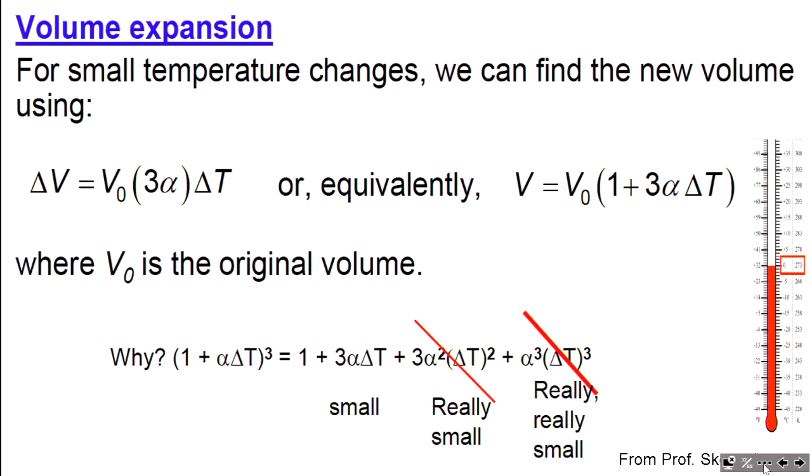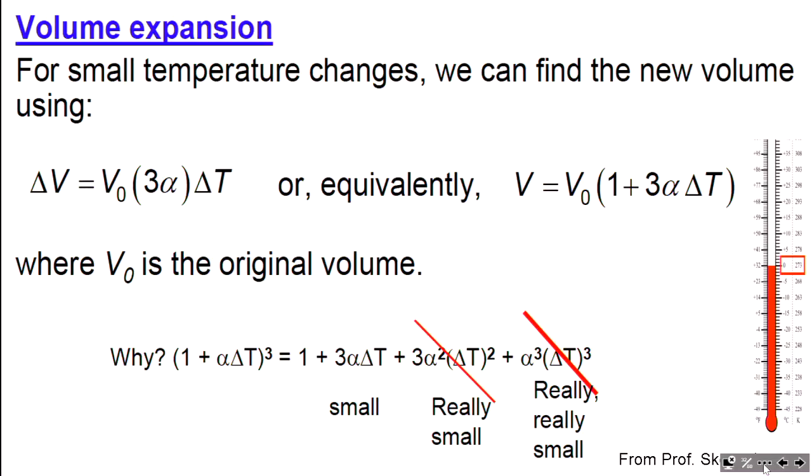And if we want to calculate how much the volume changes, we just have to take the equation for the linear expansion and cube it. Length times width times height. But if we cube it, these terms, quadratic and cubic, are so tiny, so small, we can neglect them because the change is normally a fraction of a millimeter.